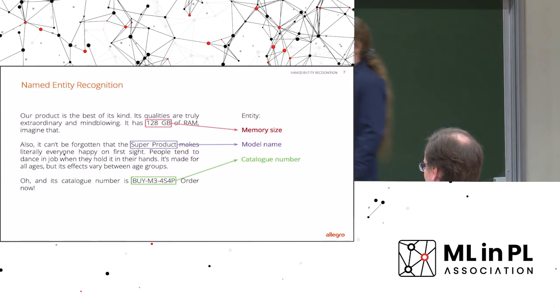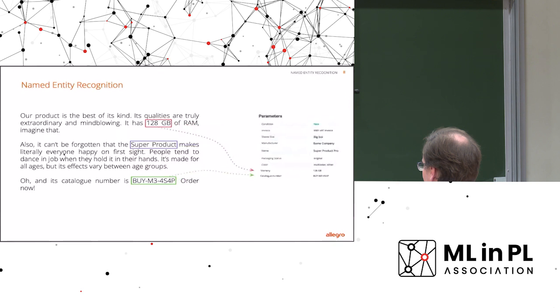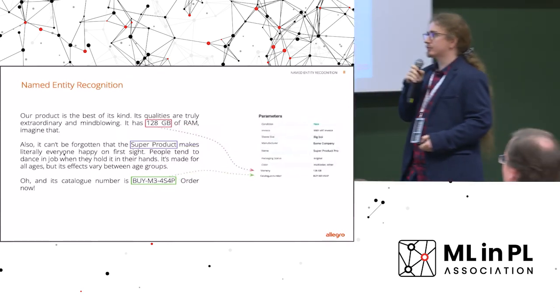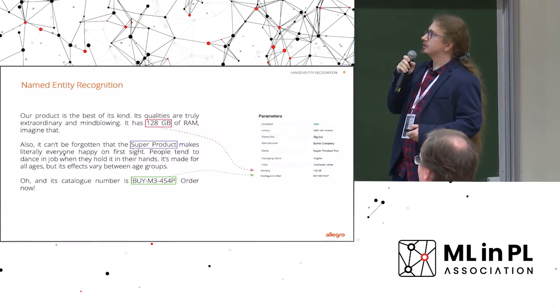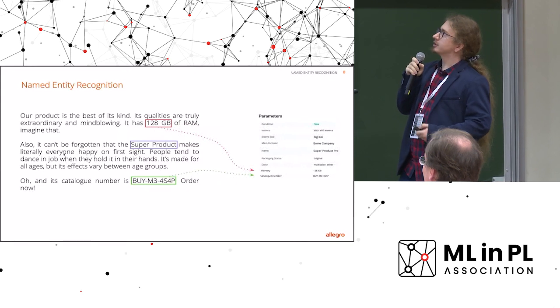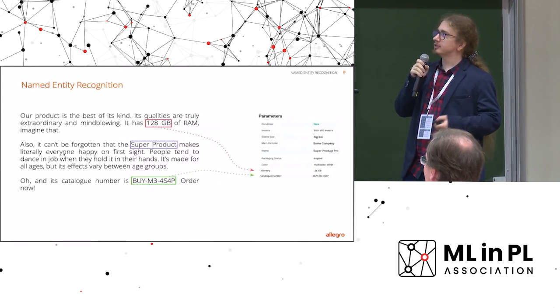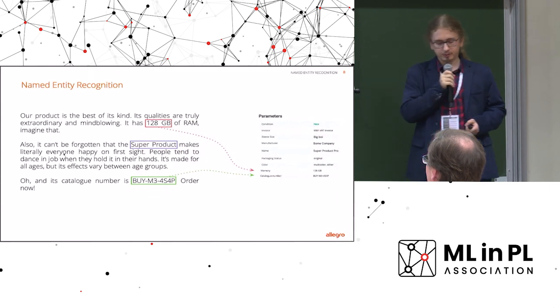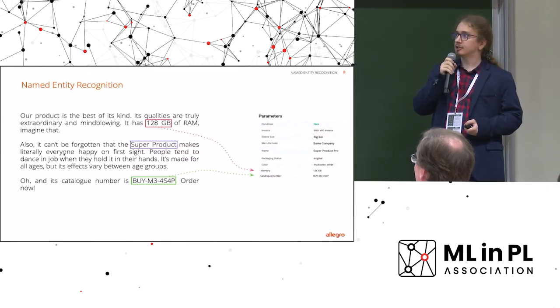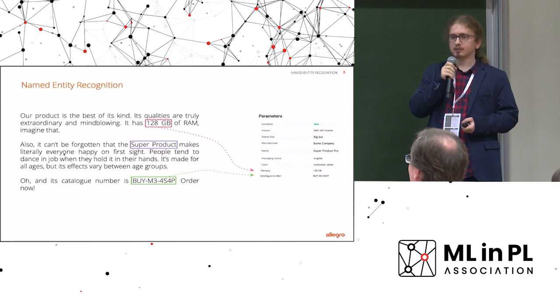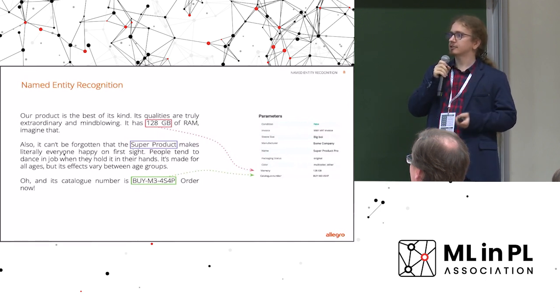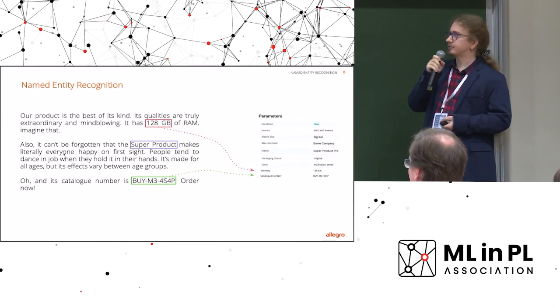Then we can use these extracted values to fill in missing product parameters. We do this to improve the quality of our product catalog, and down the line, this enables our clients to better filter and find the products that we have in our offer, in our service.